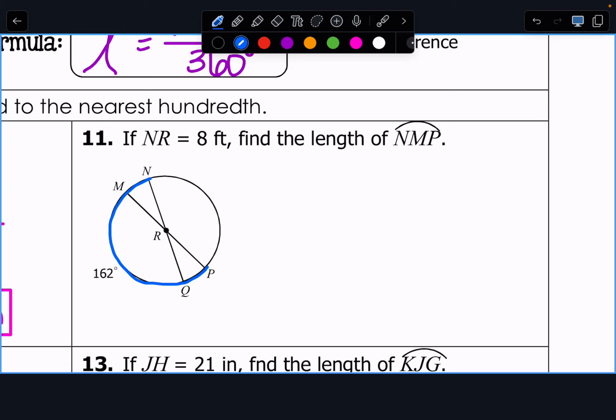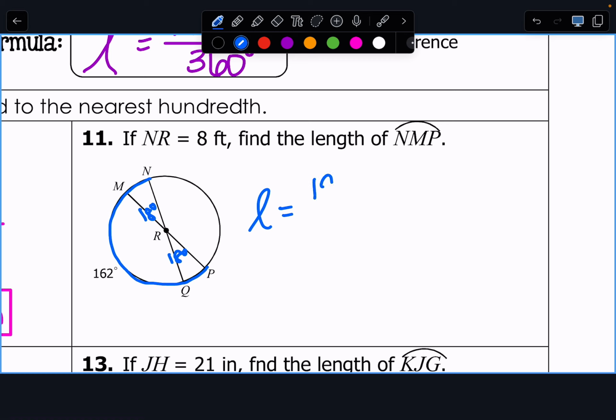What is this guy right here? 8. Yes, it's an angle. This is 8 degrees, which is this 8 degrees. So how many total degrees are we talking about here? 178. Well, 180. It would be 18 degrees. Okay, so 198 would be the total, right?